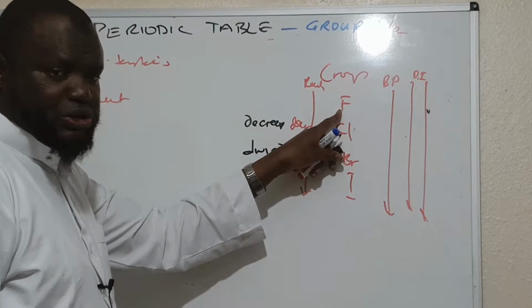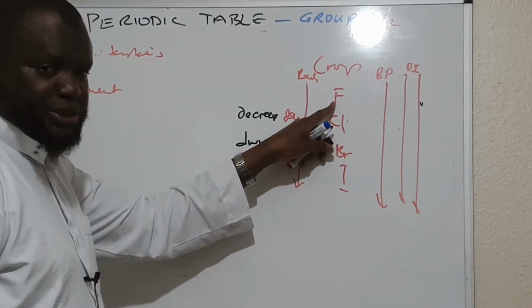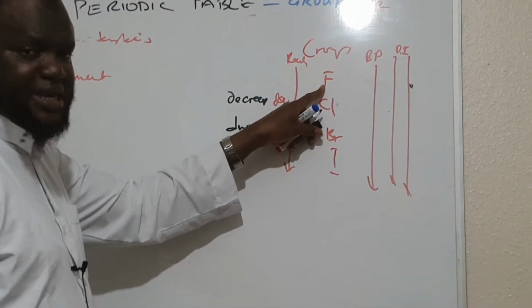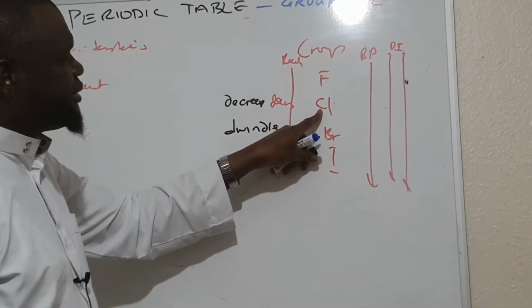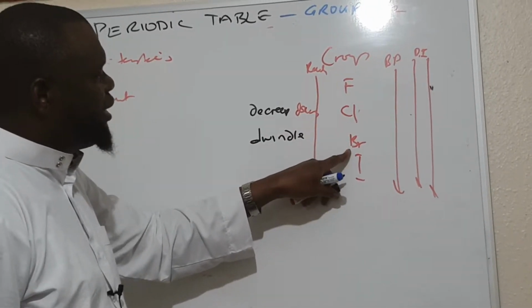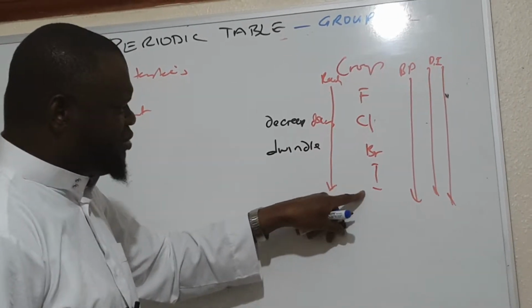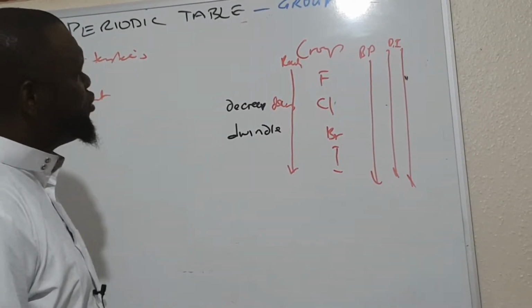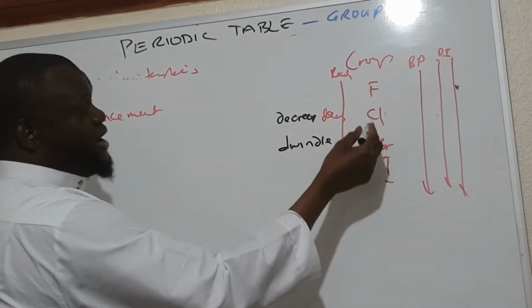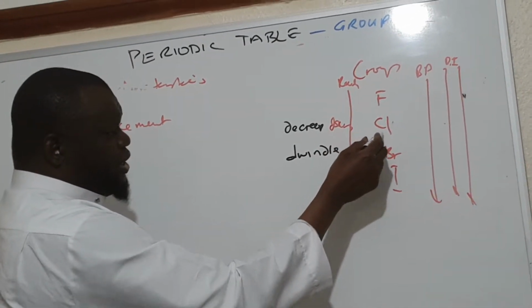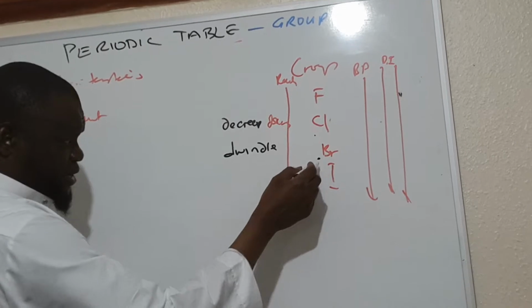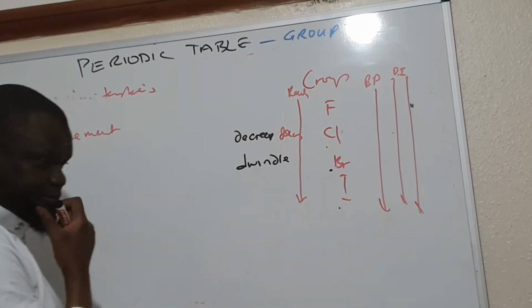That's why it acts vigorously; it is dangerous, poisonous, yellow. Chlorine is greenish. Bromine is a gas also, but could be liquid. So fluorine is more active than chlorine, chlorine is more active than bromine, and bromine is more active than iodine.